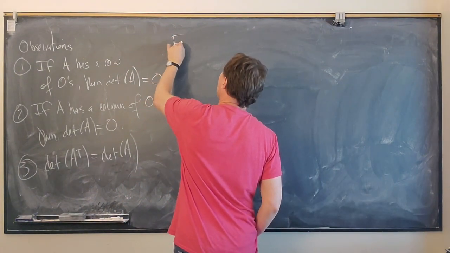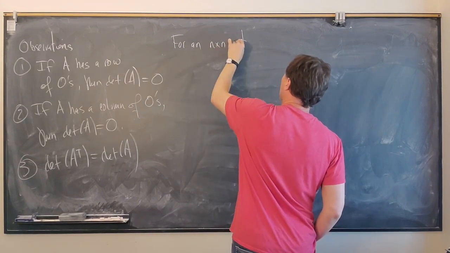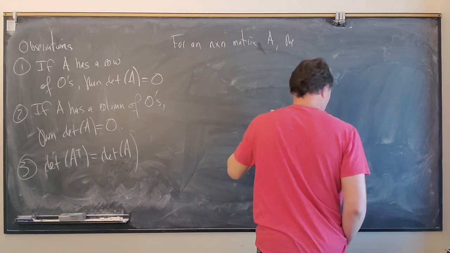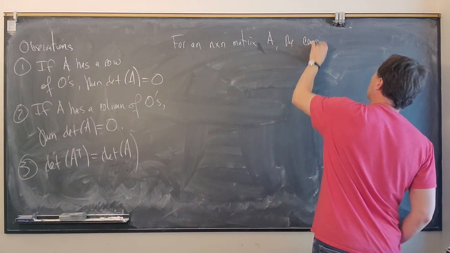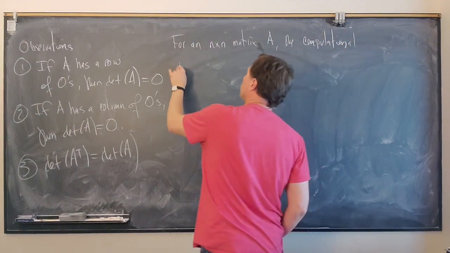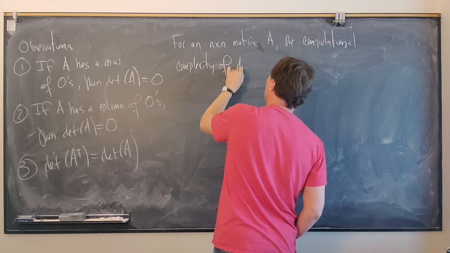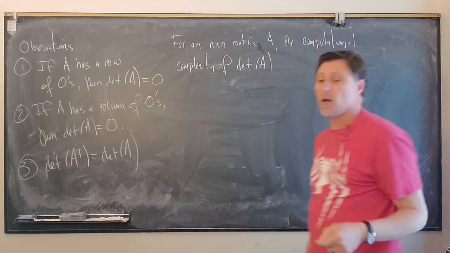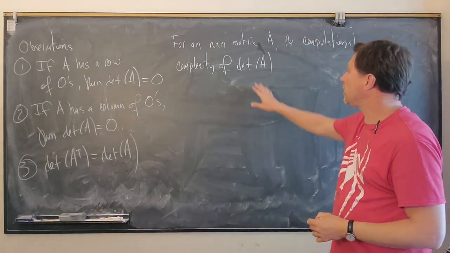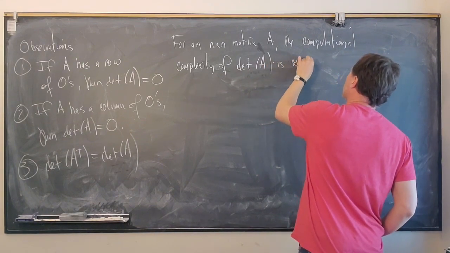Now, for an n by n matrix A, the computational complexity of the determinant of A, meaning the amount of computations, addition, subtraction, multiplication, that you need to do in computing the determinant of A, is approximately n factorial.